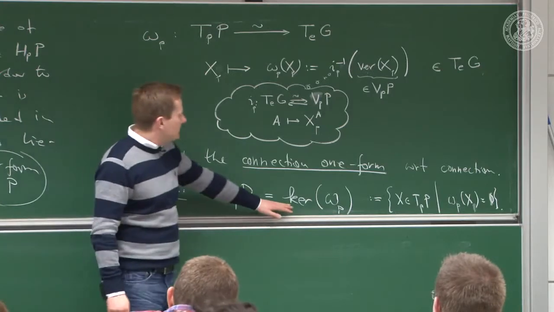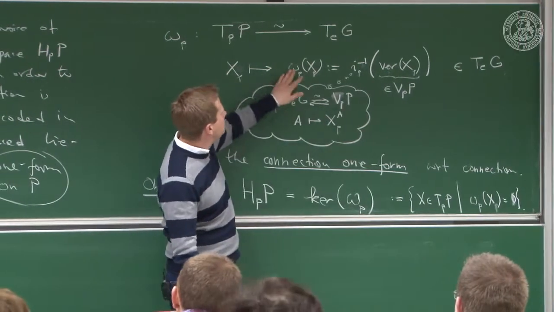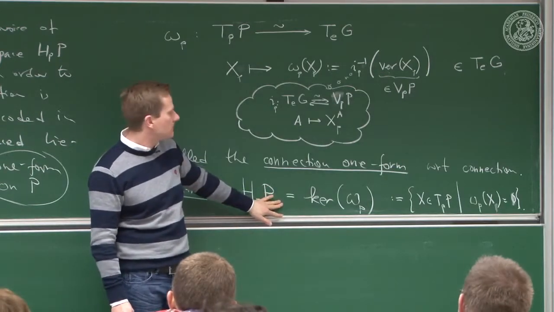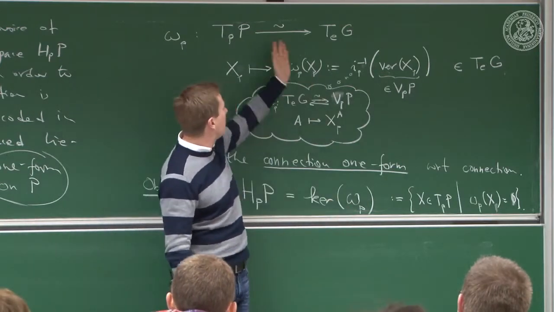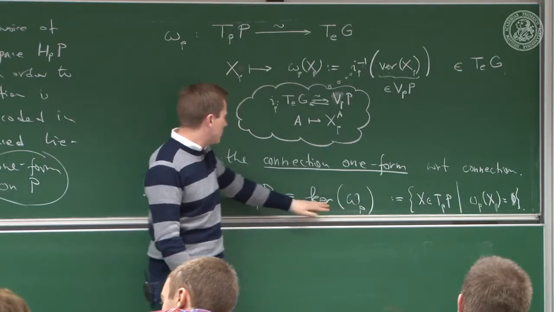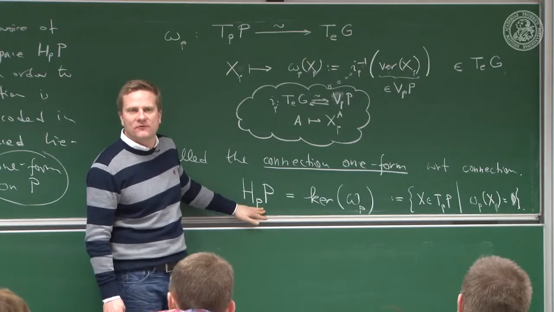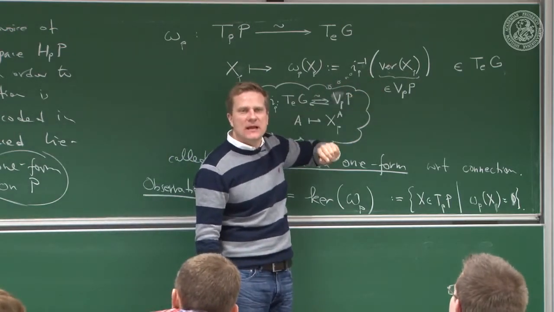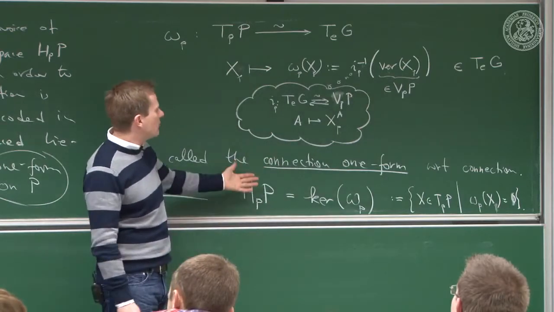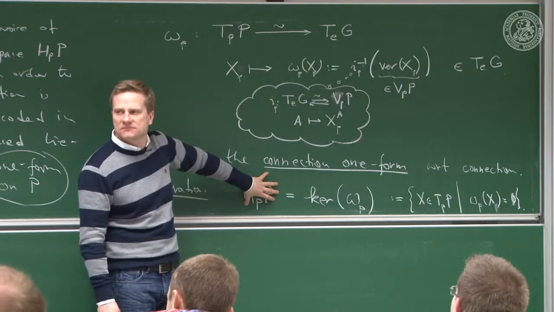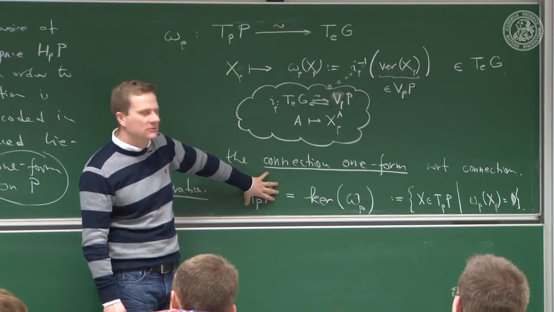Now it's clear that only because the form is precisely defined like this do I get this. Not every one form on P can be given and then I take the kernel and I get an H_P P. Of course not. Only this very specially defined form. What we're now going to do is, we want a complete replacement. For this H_P P we had three conditions, right, on how it was to be chosen.